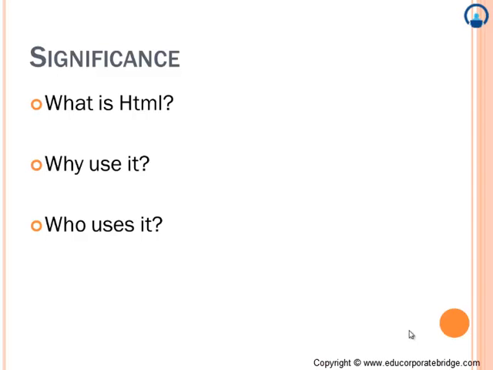HTML is a way to say that this is a document and you have to display in a specific format. So here is a heading, here is a paragraph, here is a table, here is list, so on and so forth. So it describes the document. But why you should use HTML? Again, the reason is same, because it is universally understood.